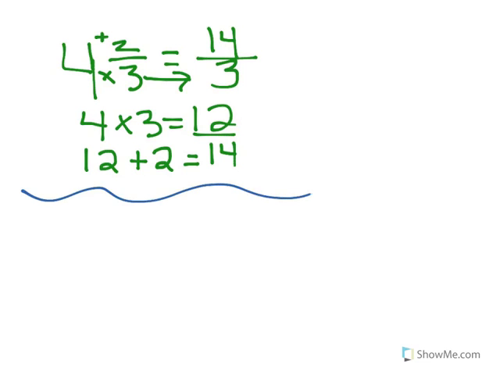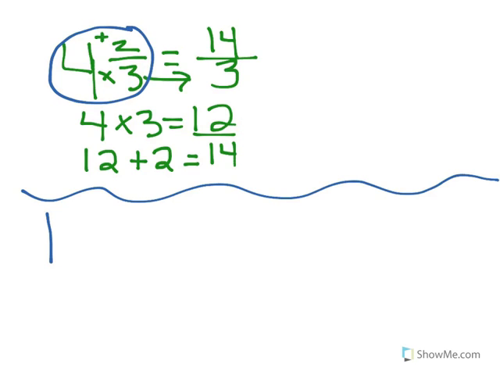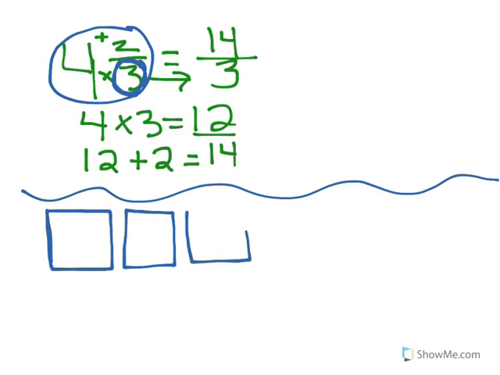So, like I said, I want you to see what this looks like visually. So, based on this fraction right here, I know that the total number of pieces I need to divide this into would be 3. So if I'm using squares, I know I need to divide each of these squares into 3 pieces because this denominator really tells us how many pieces are going to be in our whole.